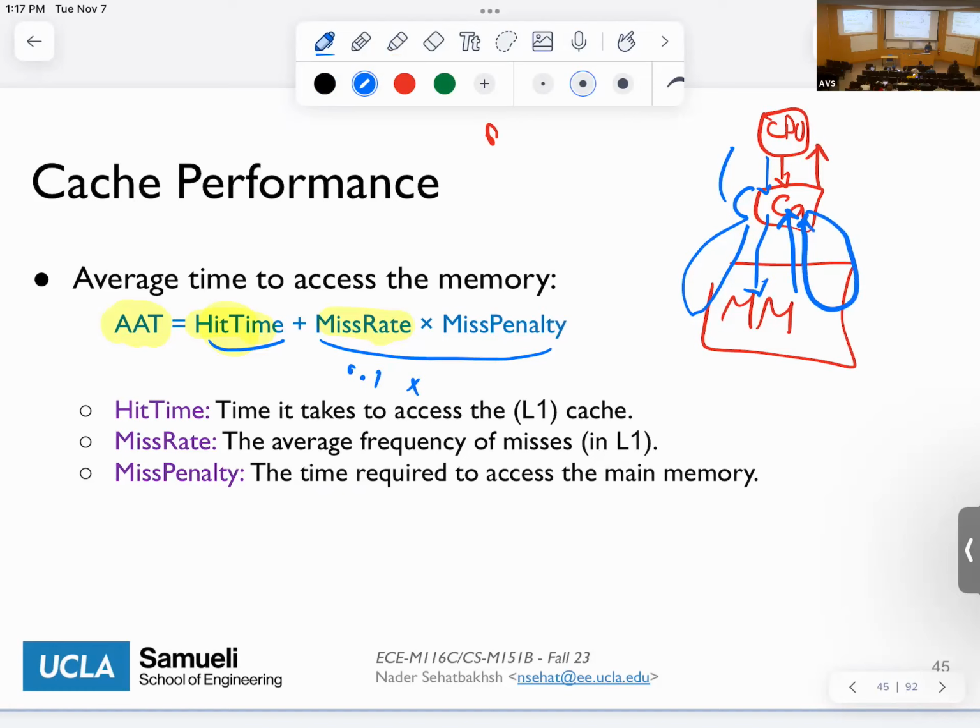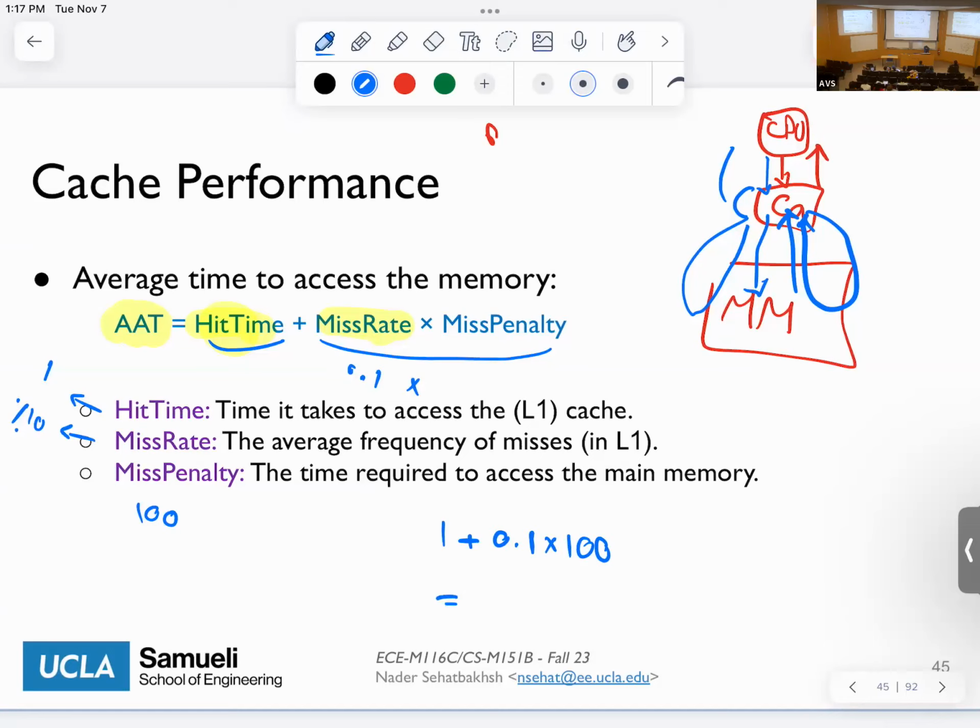Okay, so for example, if your miss penalty is 100 cycles, your miss rate is 10%, and your hit time is 1 cycle, we're going to have 1 cycle all the time, because whether you have a miss or a hit, you always have to first check the cache. That's 1 cycle. Plus, 10% of the time you're going to have 100 cycles of accessing.